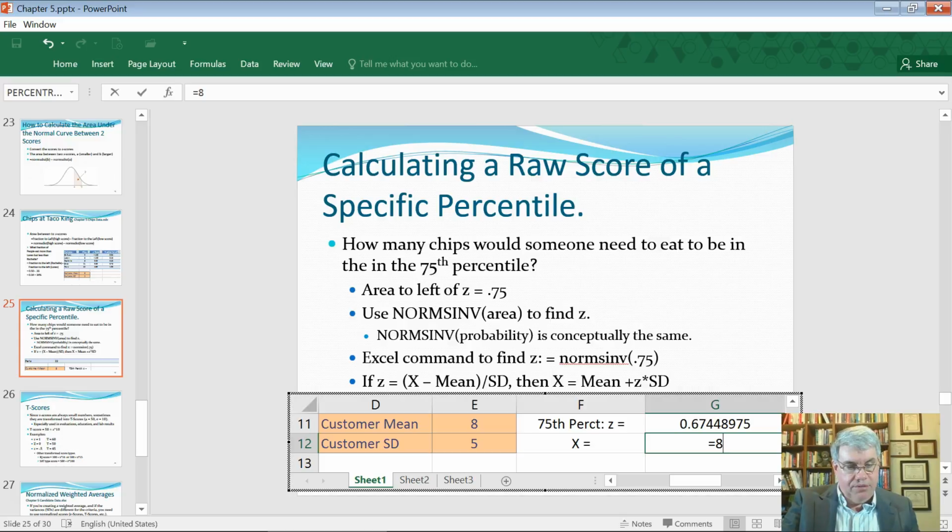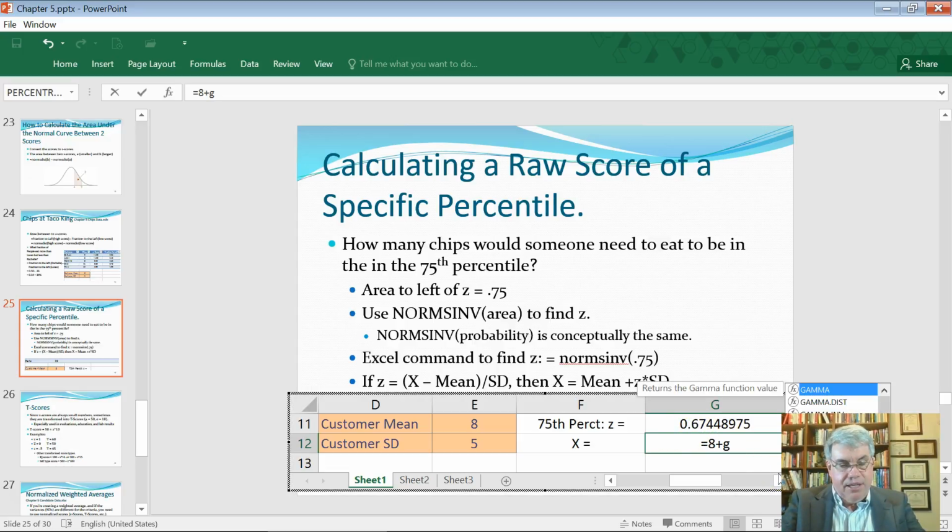And then we're going to do plus z, I'm just going to put in G11, and I'm going to times that by the standard deviation, and I could put E12, but I'm just going to put 5 there. And so that's the equation. The x-score equals the mean plus the z-score times the standard deviation.